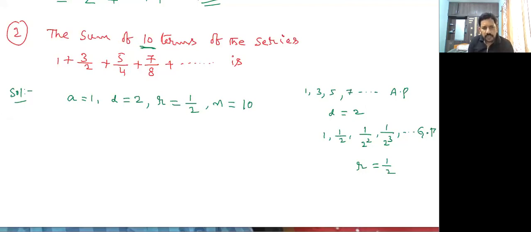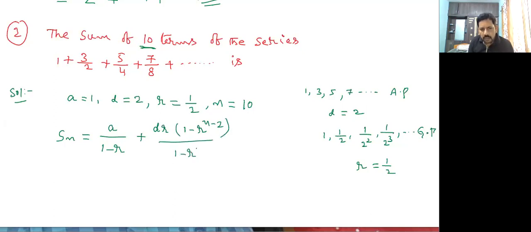Sum of n terms in AGP series. So this is the formula: S_n = a/(1 - r) + dr(1 - r^(n-2))/(1 - r)^2 - [a + (n - 1)d] r^(n-1)/(1 - r).